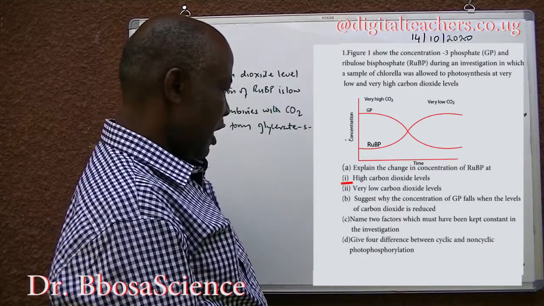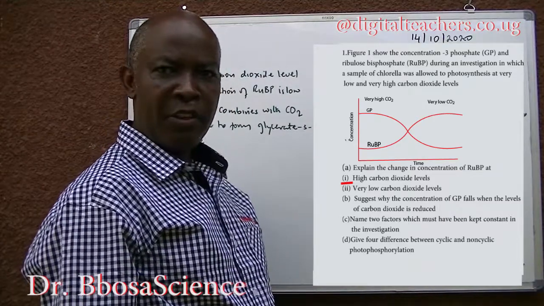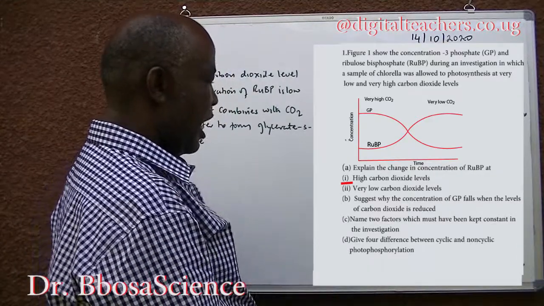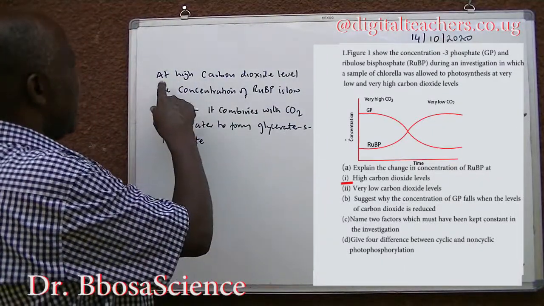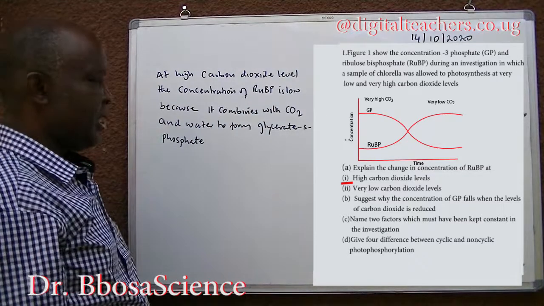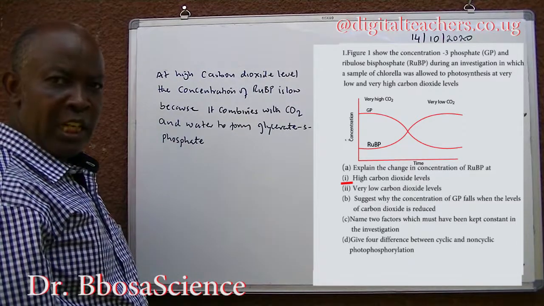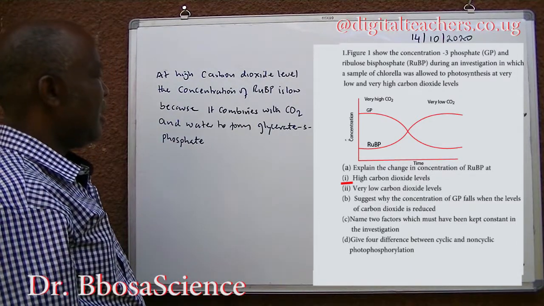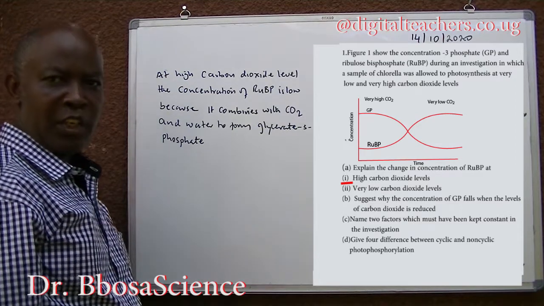A. Explain the change in the concentration of ribulose biphosphate at high carbon dioxide levels. At high carbon dioxide level, the concentration of ribulose biphosphate is low because it combines with carbon dioxide and water to form glycerate phosphate.